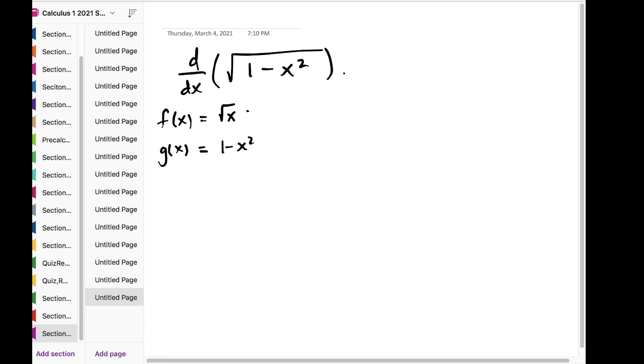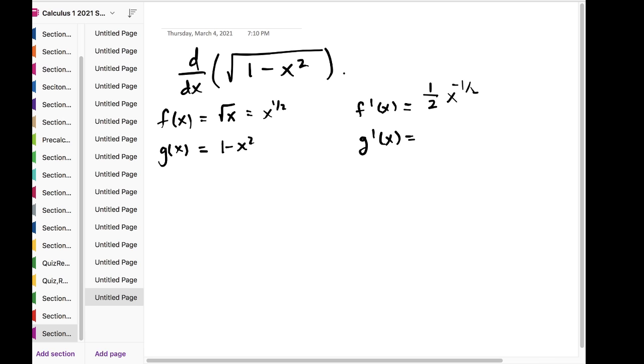What is f prime of x? So it's a power, right? So x to negative 1/2, but also times 1/2.